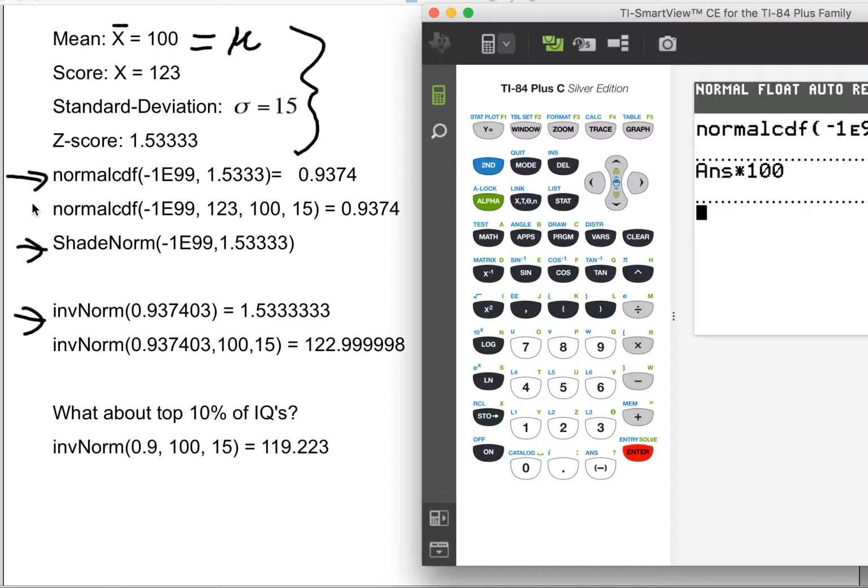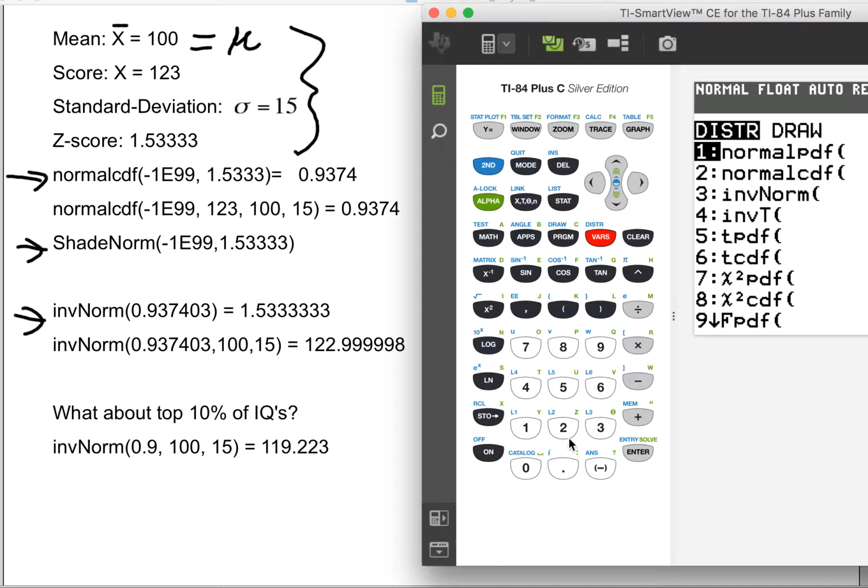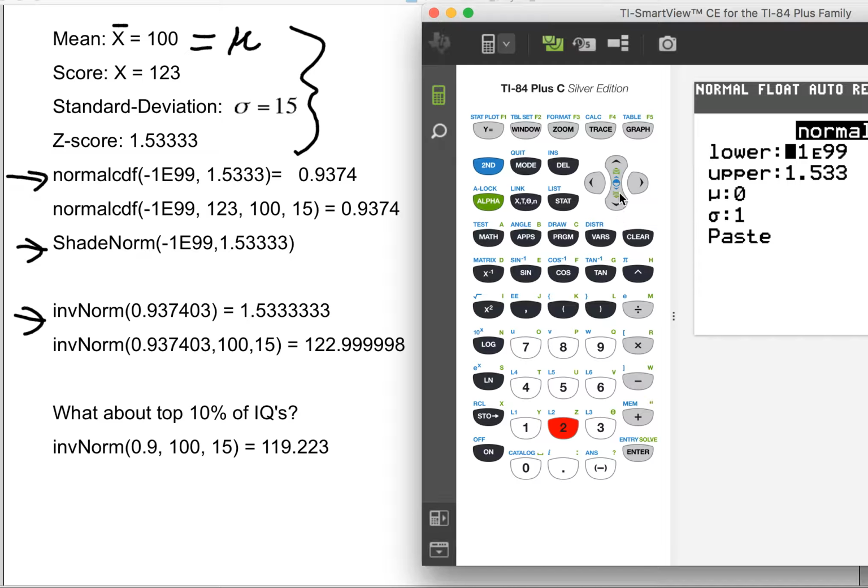So if I do it with this command right here and put in my score, I can get something without having to work it out. Let's do second distribution and choose 2. And this time I'm going to put in my score of 123 on something that had a mean of 100, and 15 as a standard deviation.